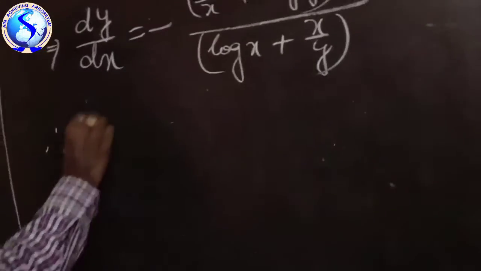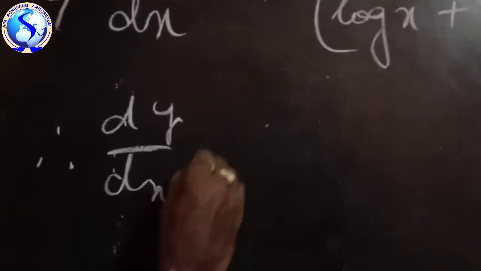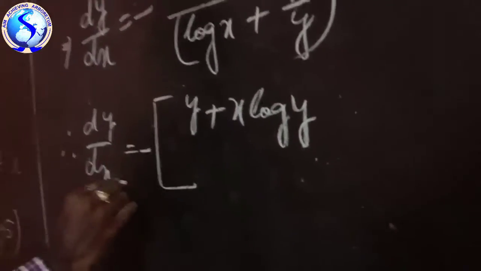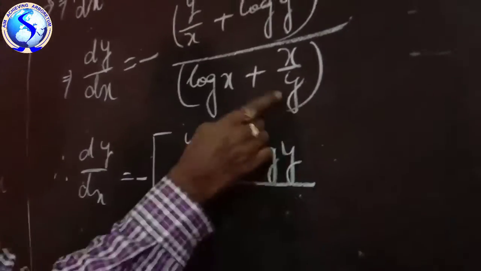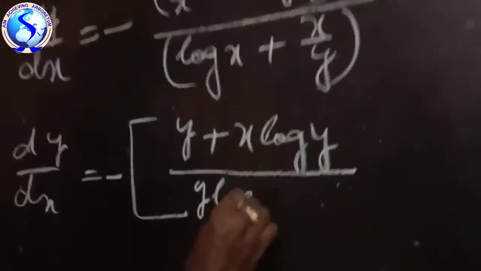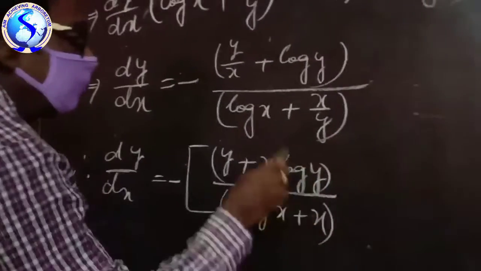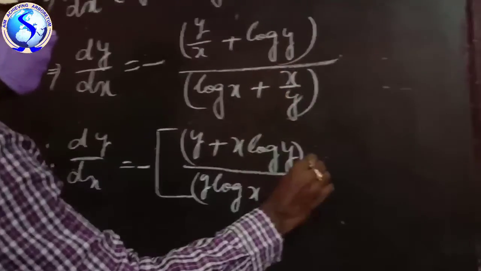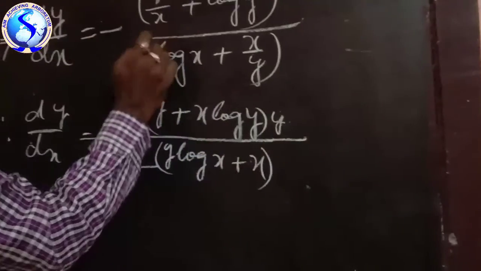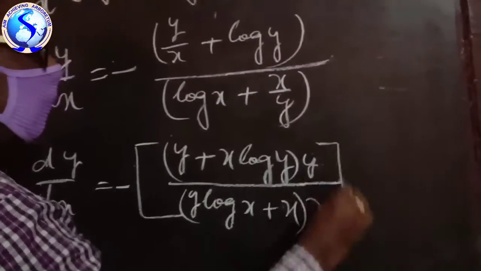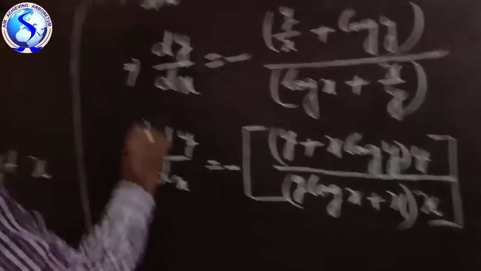Now therefore dy by dx is minus, if I take LCM, y plus x log y over y log x plus x. Just see, this y will go off, this will be y here, and this x, after taking LCM, will come down. And this is the answer of the given function.